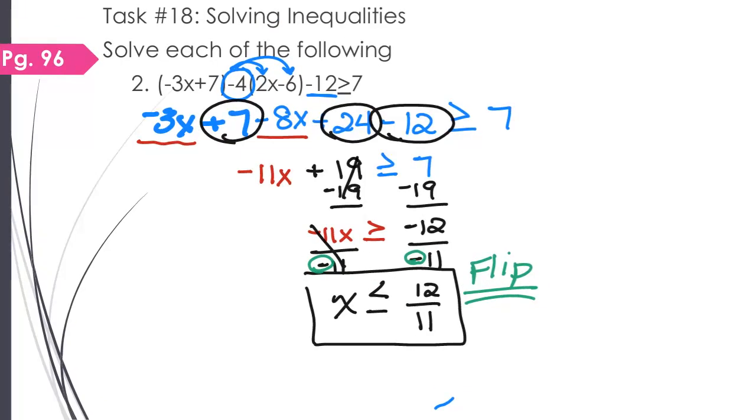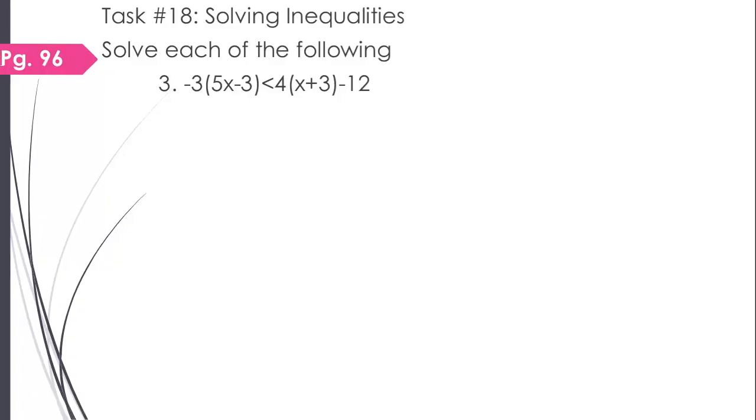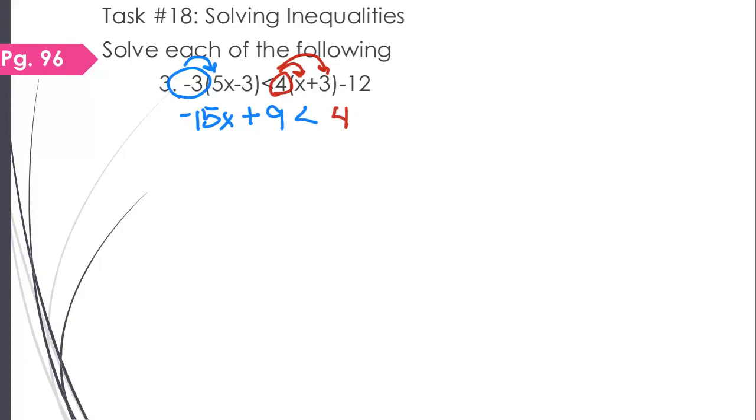All right, so then the last one, solving this one. We have -3 that gets distributed. So -3 times 5x is -15x. A negative times a negative is +9 is less than, we get to distribute again, which is 4x plus 12 minus 12.